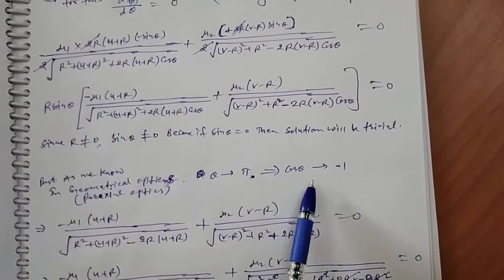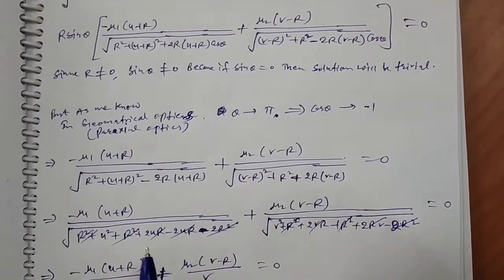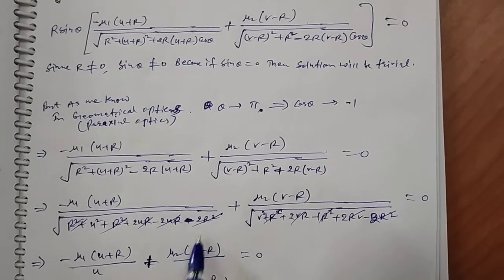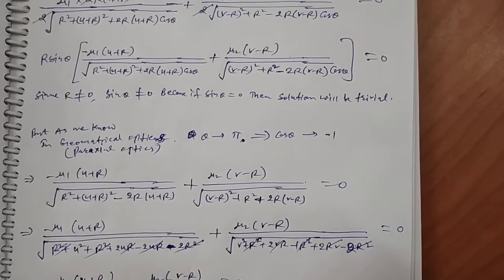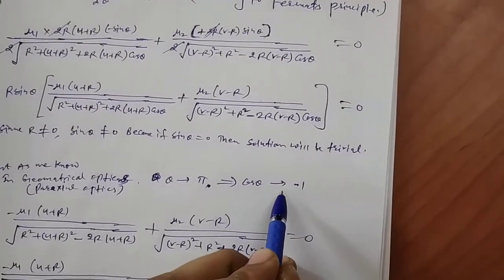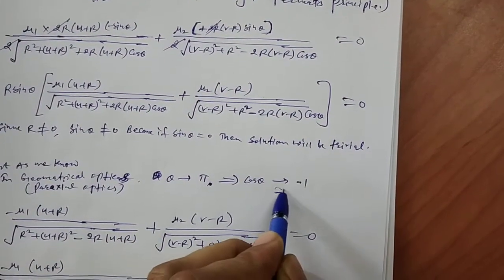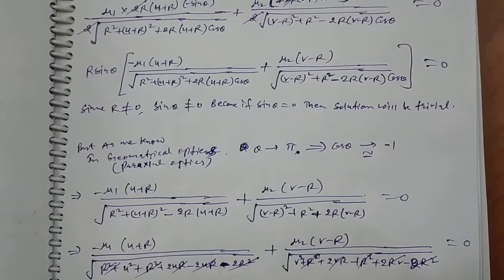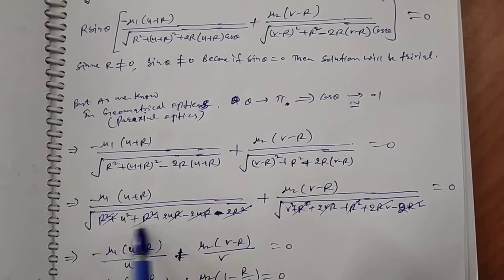So by putting the value of cos theta in the above equation, we can find this. After solving it, we can write it as like this. This is an approximate value. So this one can be solved.